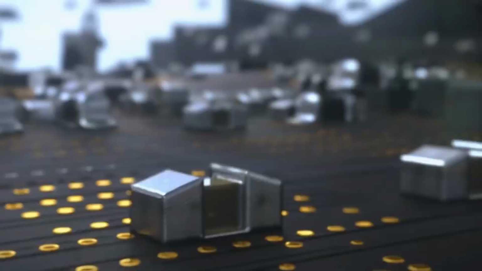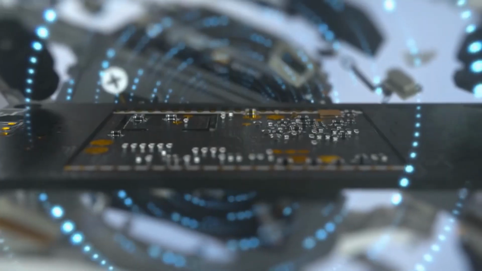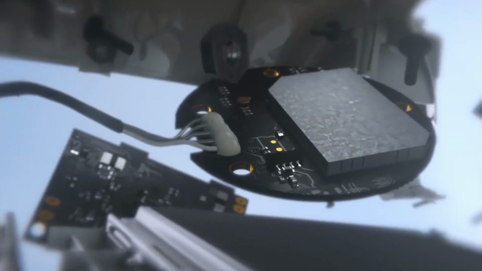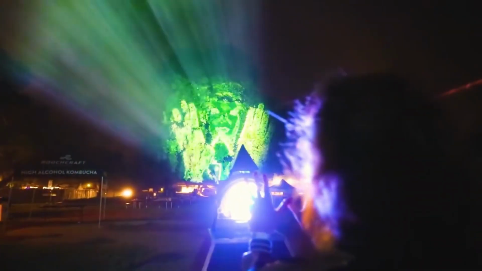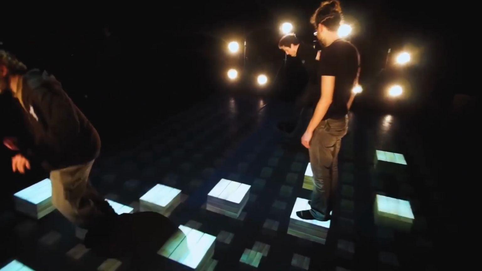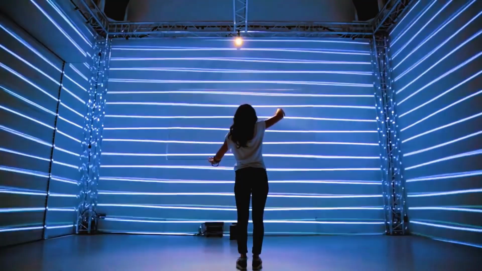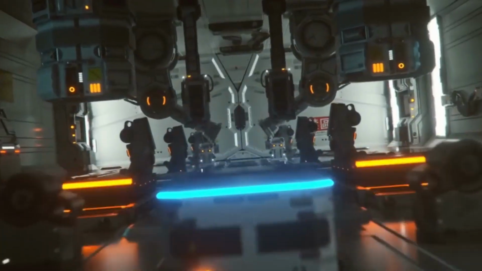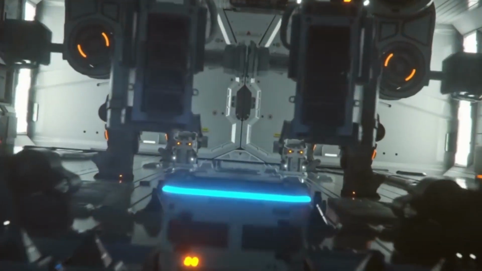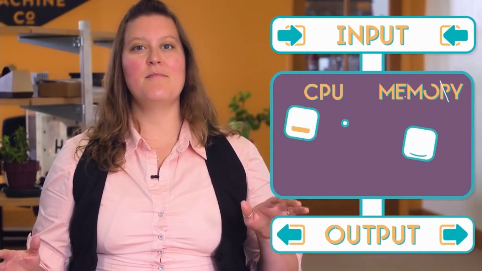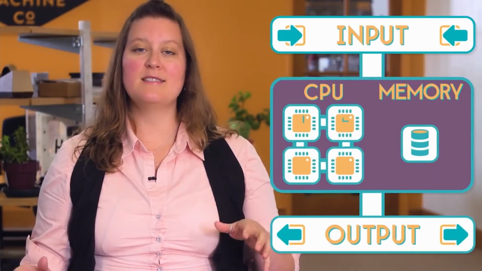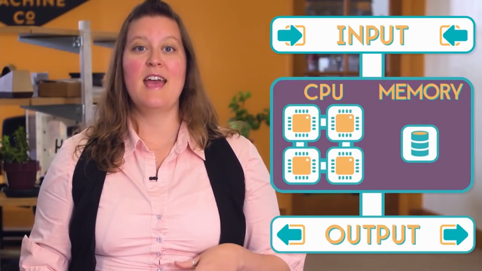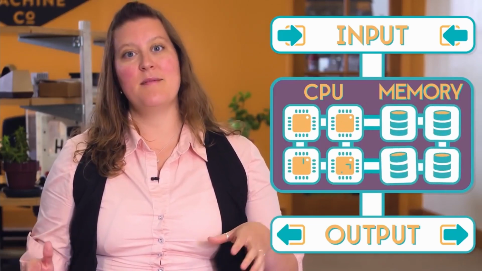This has been helped out by improvements to the speed and size of the memory and CPU. The more complicated a task is, and the more information that's input or output, the more processing power and memory a computer needs. Typing letters on a screen may be easy, but to do complicated 3D graphics or record a high-definition movie, modern computers often have multiple CPUs to process all that information, and many gigabytes of memory to store it.